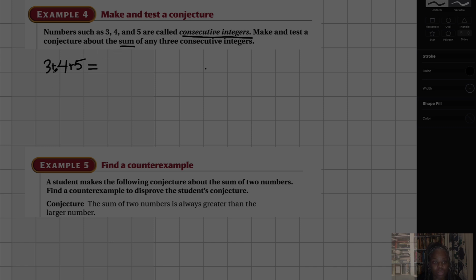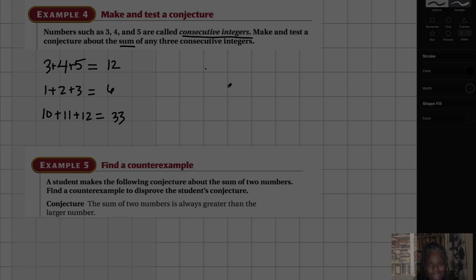So the sum of 3 plus 4 plus 5 is 12. All right, that's fine. Let's try 1, 2, 3 because let's not do the hardest math in the world. 1 plus 2 plus 3 is 6. Let's try 10, 11, 12. When I add those guys up, I end up with 33.